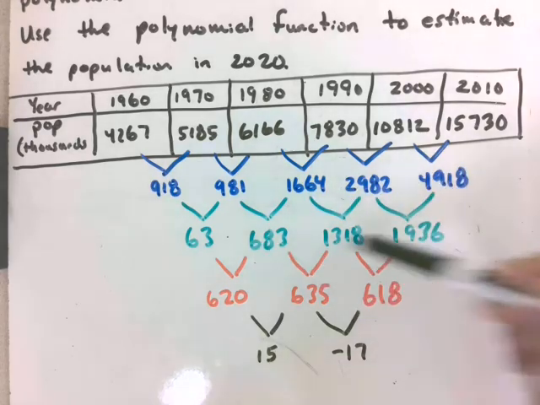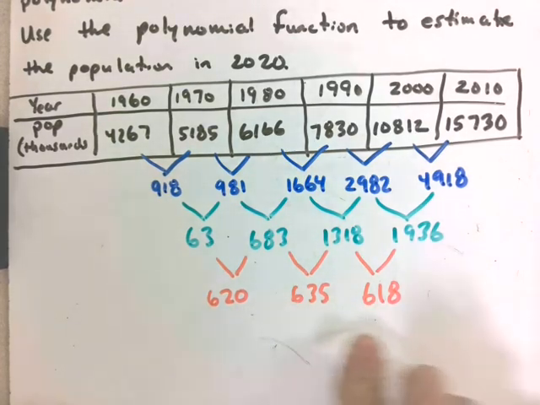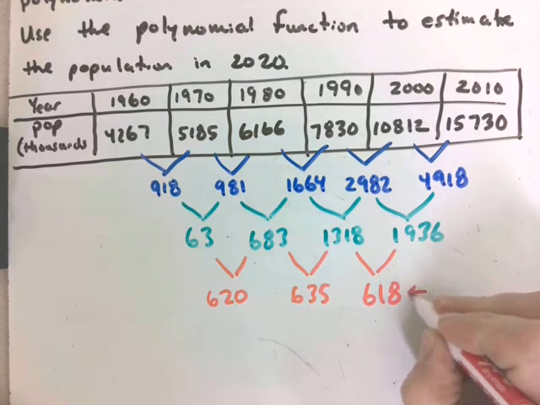So out of all of these differences that we've gone through and calculated, the numbers that are as close together as we can get are the ones that are written there in red. So I would not use a quartic. I wouldn't use that fourth degree. I wouldn't use the fourth differences. I would use the third. So this is our third differences.